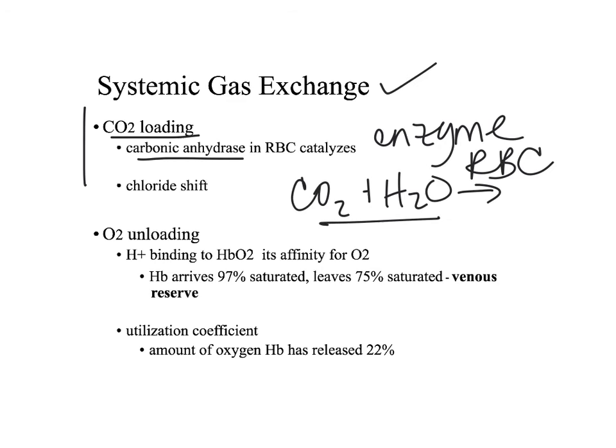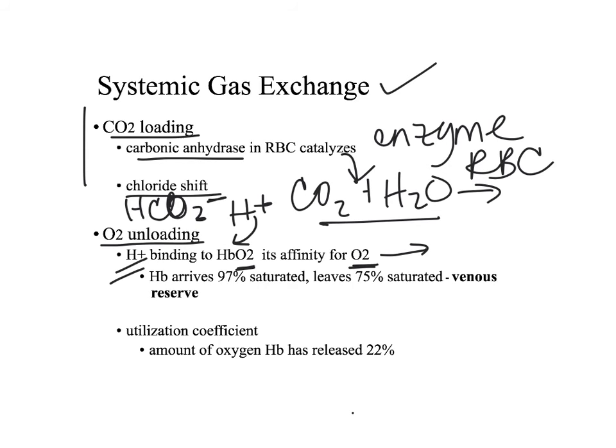The chloride ion shifts to neutralize the charge of losing this HCO3 negative. Now oxygen unloading. When the hydrogen from here binds to the hemoglobin, it kind of kicks off this oxygen, and then the oxygen can be unloaded to the tissue.